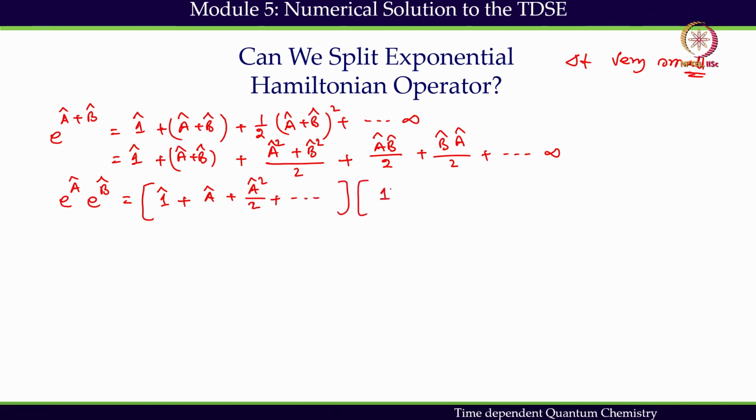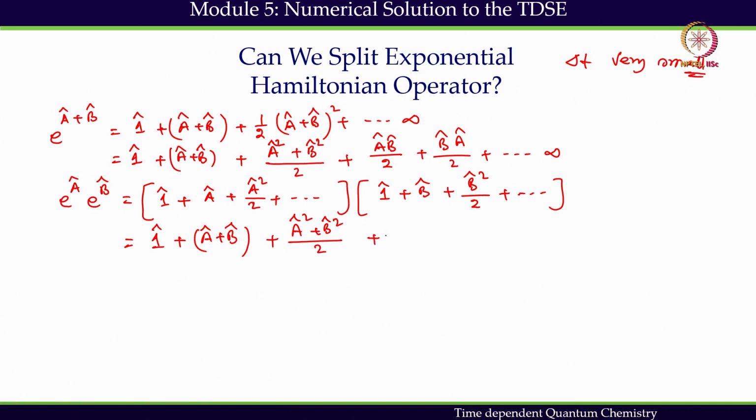Another one is going to be 1 plus b plus b square by 2 plus like this, and we have to get the product of it, and if I get the product, what I get is 1 plus a plus b plus a square plus b square by 2 plus I have ab.